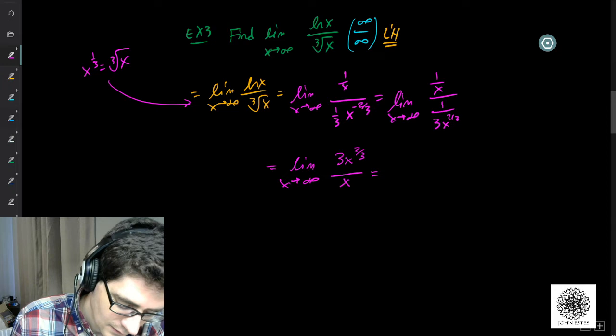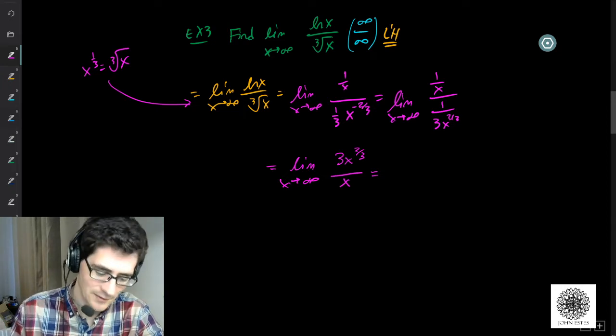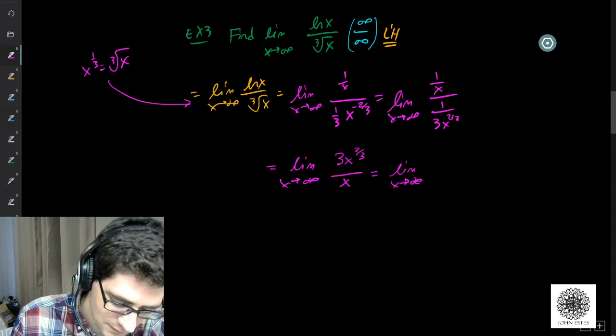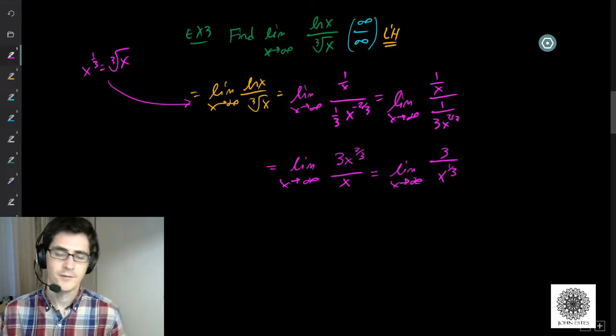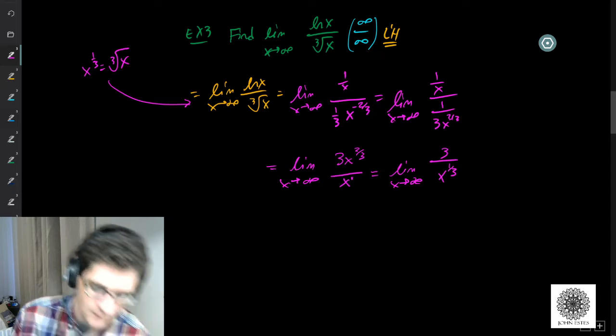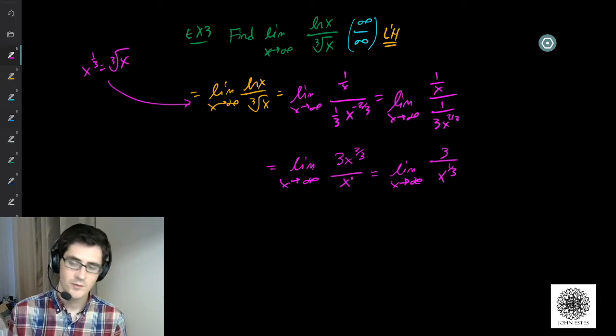And then now I can pull that negative 2/3 down into the denominator again. Let's see if this makes sense to you. That's going to be 3 over x to the 1/3 power, because this is x to the first, that's x to the negative 2/3. When you multiply, you're adding the exponents. We get positive 1/3.